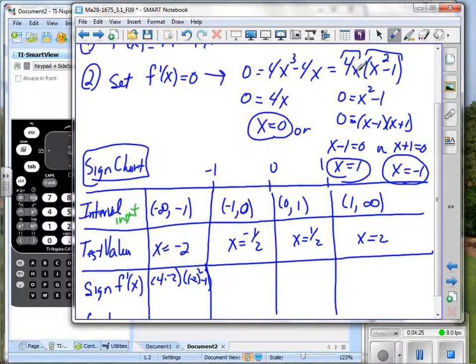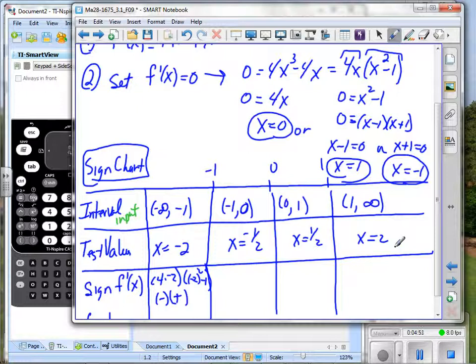4 times -2. Negative. -2 squared minus 1. Positive or negative? -2 squared is positive, minus 1. What's the sign of that? Now, you need to do that for yourself and then come back later? Okay, we'll do it.